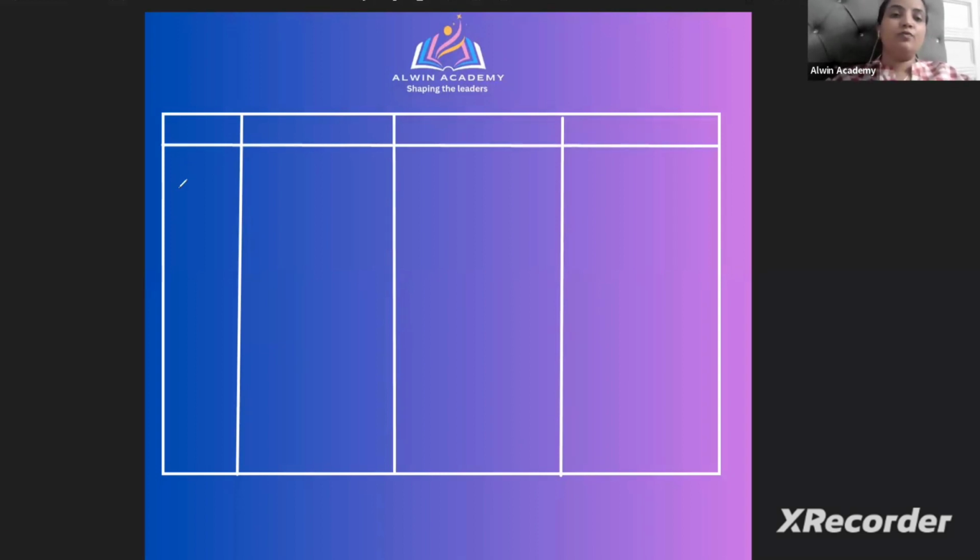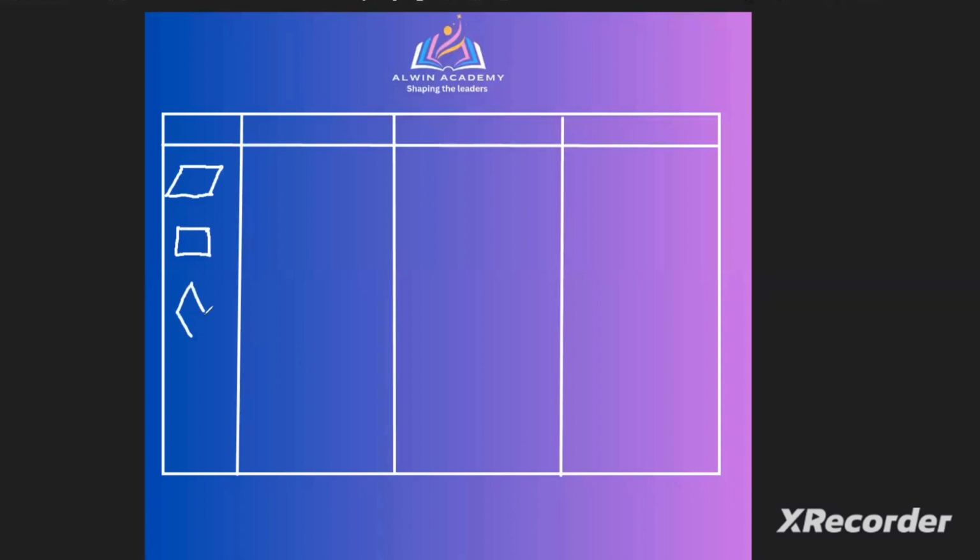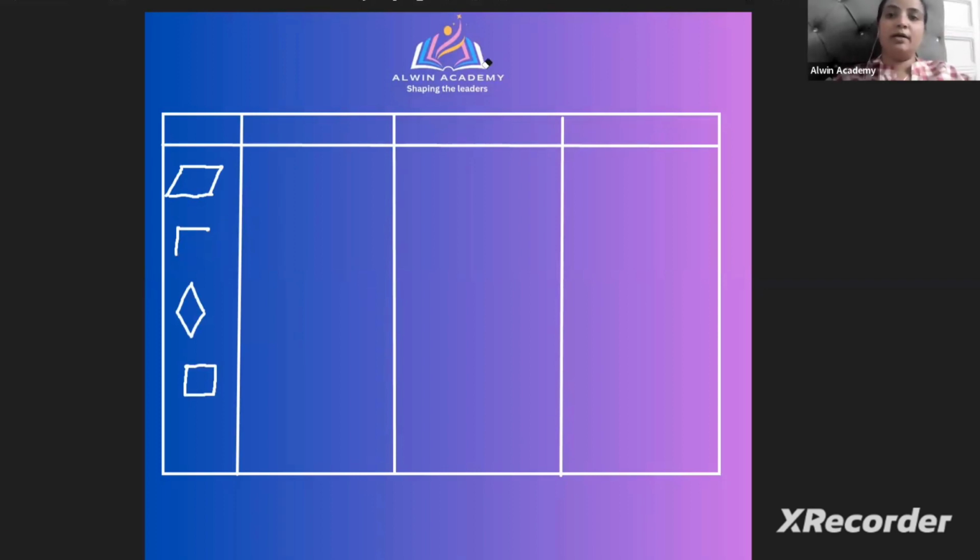So first of all I am drawing a parallelogram. Then I am drawing a rectangle. Then I am drawing a rhombus. This also. I'll try to make my rectangle look a little different from the square.